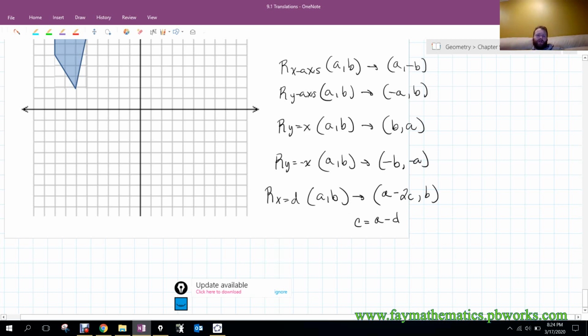And since it's a distance, it doesn't matter the order that you do that subtraction, you can make it the absolute value, and it'll make things a little bit clearer for you.